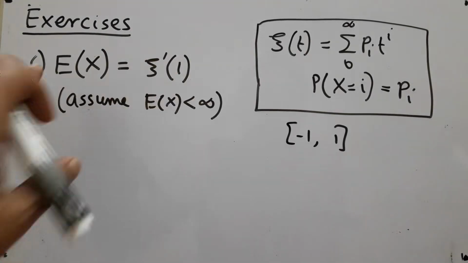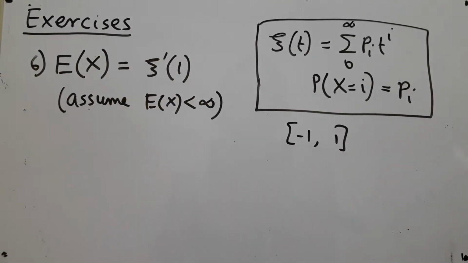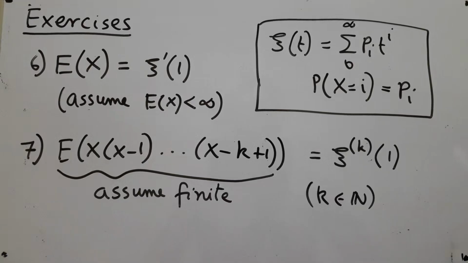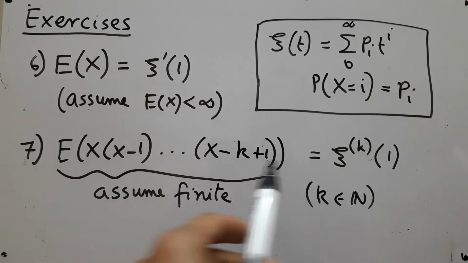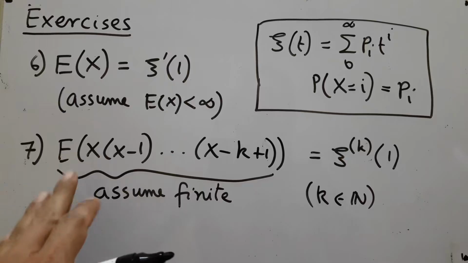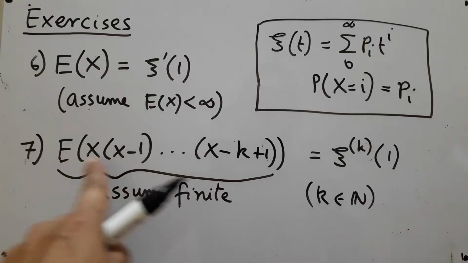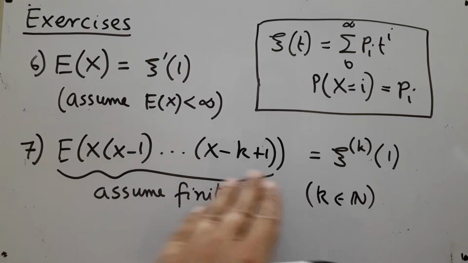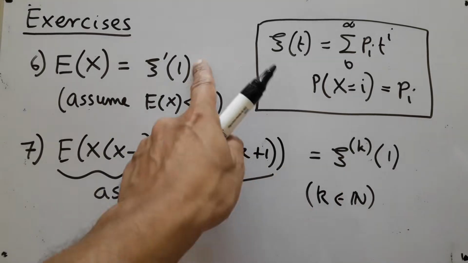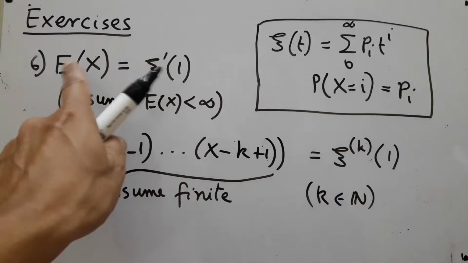Now once you do this, you can generalize this very easily to higher order stuff like this. So here I compute this quantity X times X minus 1, etc. There are k many terms here, up to X minus k plus 1. Expectation of that will be very much like this. For k equal to 1, you get back this.